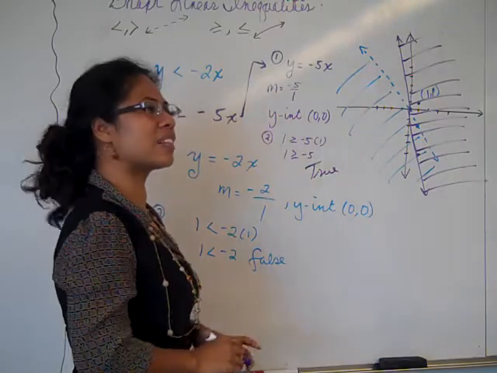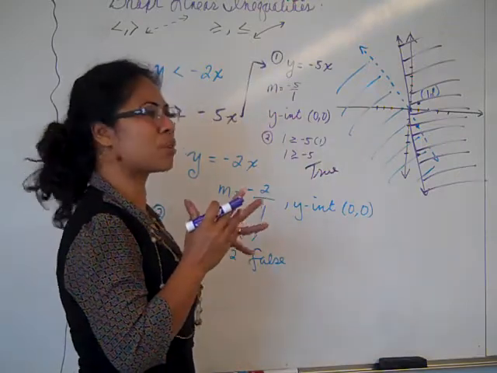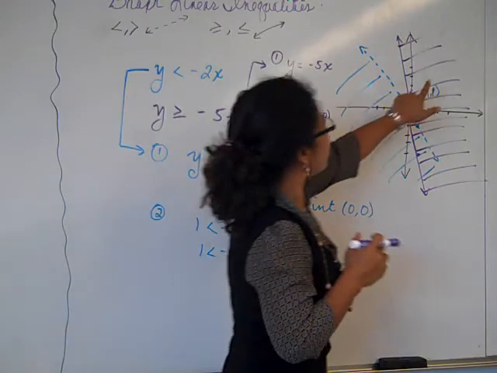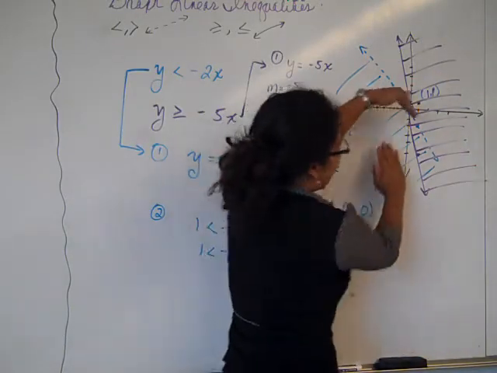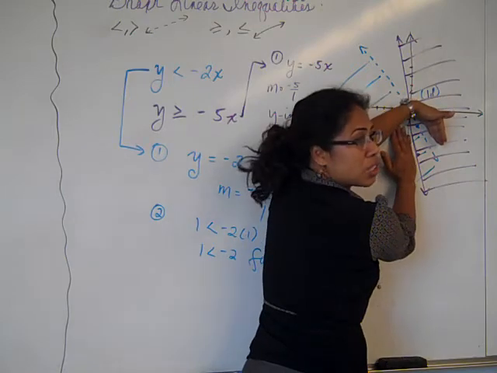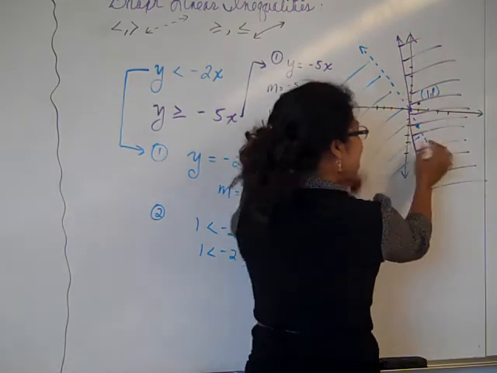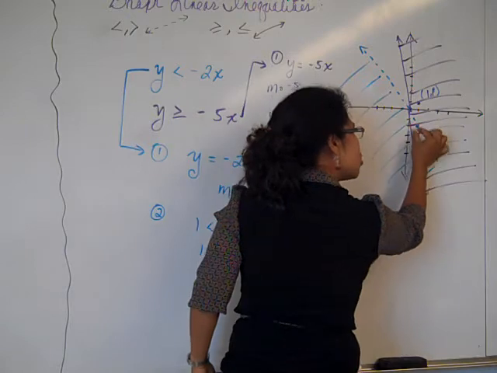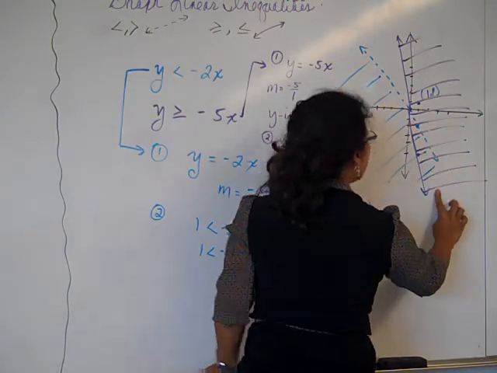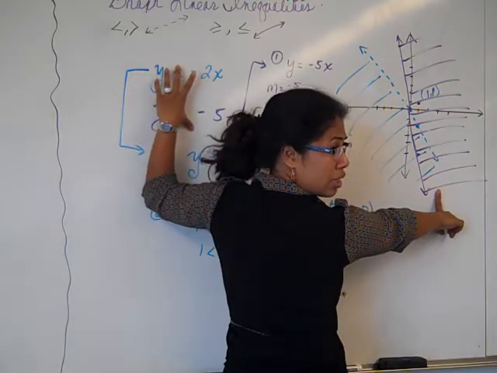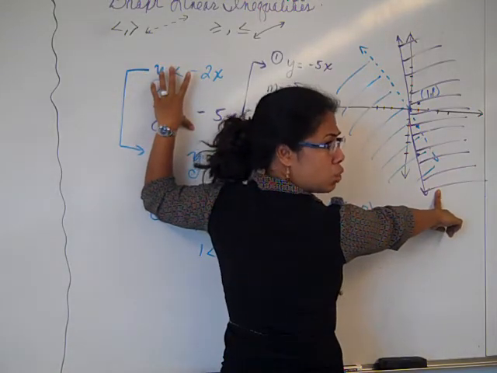Tell me which region the blue and the purple graphs overlap. They don't overlap here, not here, not here, not here. Look where they overlap. This itsy bitsy region here. You see it? That means every single point squeezed between the two will satisfy both conditions. That's what it means to be a solution.